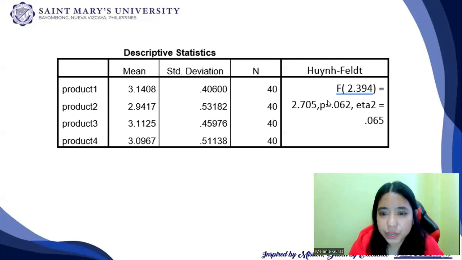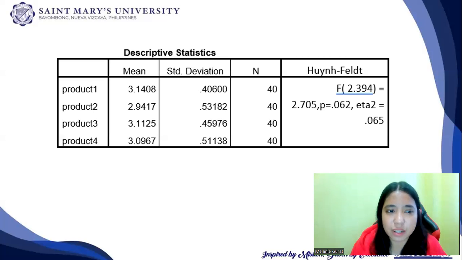However, after doing the repeated measures ANOVA using the Winfeld correction, the result shows that there were no significant differences in the average ratings of our products. So the ratings of the respondents in the four products are the same.